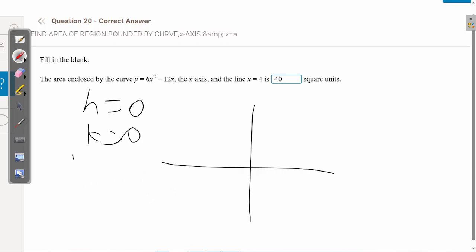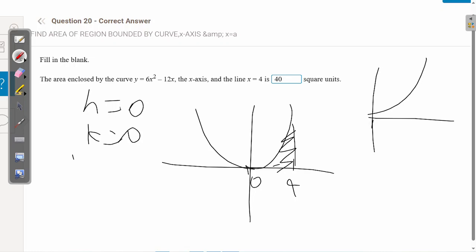So the graph will be like this, and we want to see the area enclosed by the curve, the x-axis, and x equals 4. So look at 4. So it's just this. And yeah, so it's the integral from 0 to 4. Why 0? Because it looks like this. From 0, it meets there.